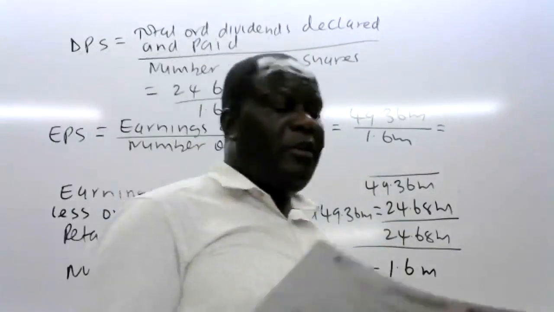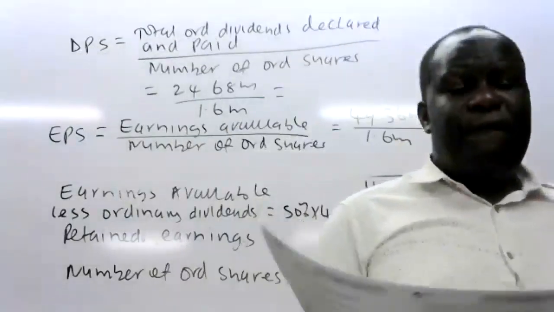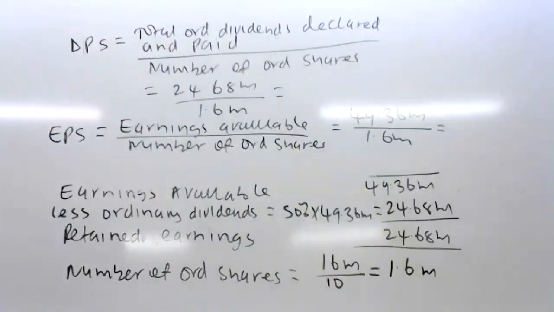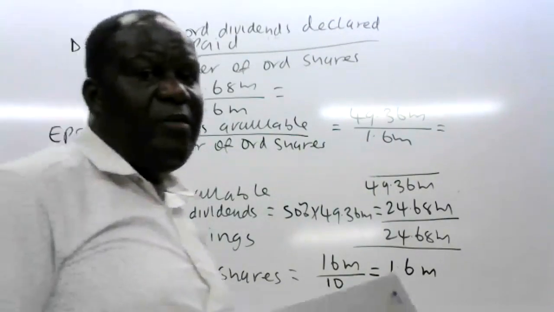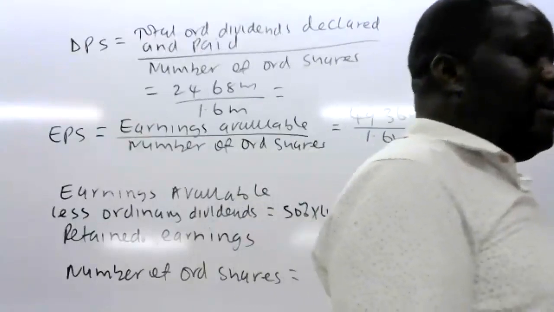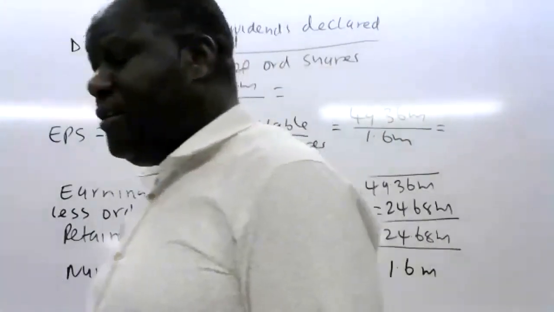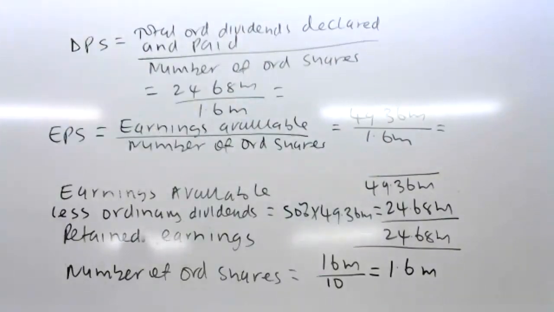When you check through the notes, they say that financial ratios can be classified into 5 categories as follows. Number 1 is investment or valuation ratios.